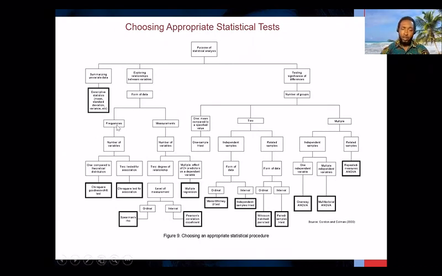If they are categorical variables, which is represented here as the frequency, then you want to consider the number of variables you're looking at. If you're looking at just one categorical variable, probably you want to see how the distribution of that variable fits into the general or theoretical population.